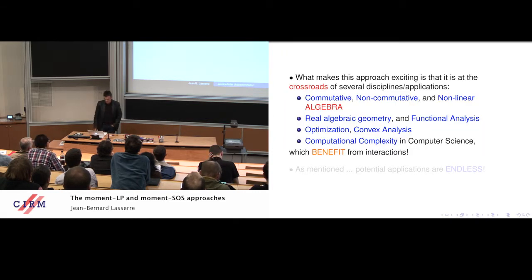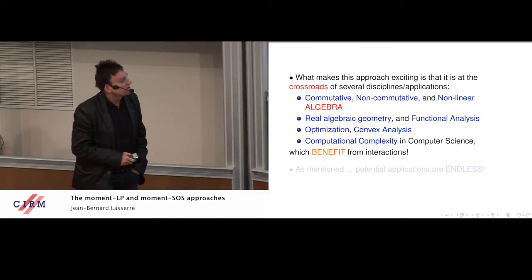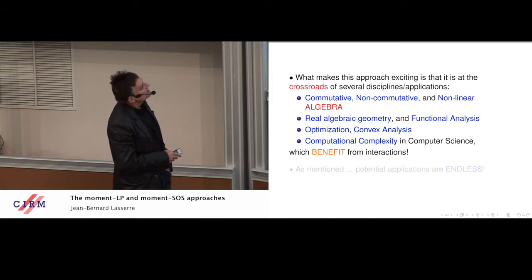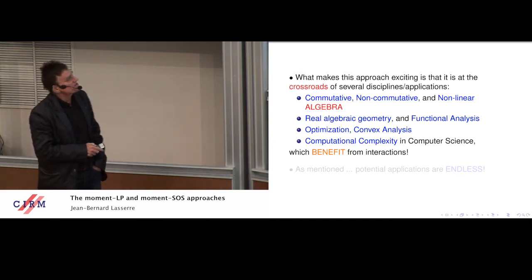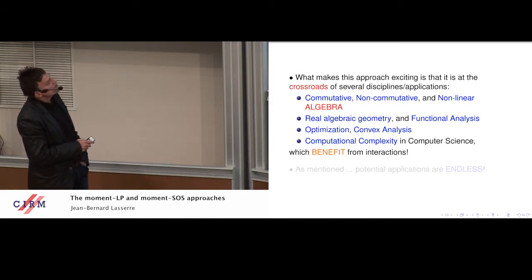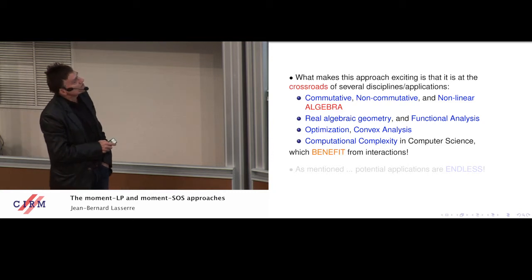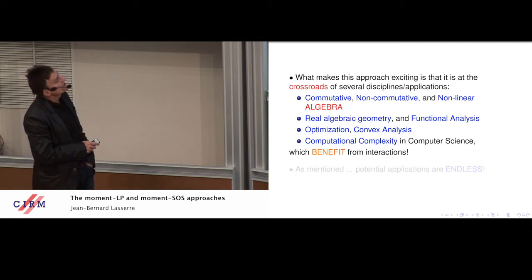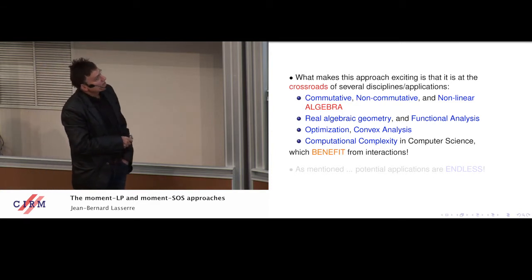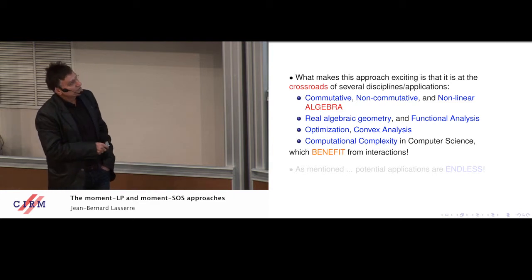And what makes this approach exciting is that, as Monique made a nice summary of, it's at the crossroads of several disciplines and applications. It's indeed a mixture of commutative, non-commutative, and nonlinear algebra, real algebraic geometry and functional analysis.